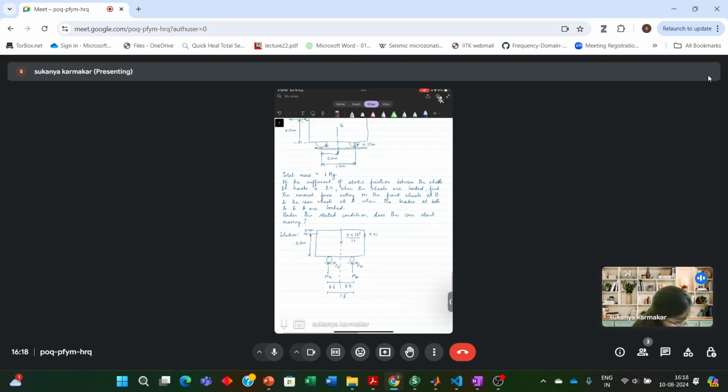Divided by 1000, this much kg into 9.81 divided by 10 to the power 3, so the answer will be in kilonewton. I hope this unit conversion is clear.